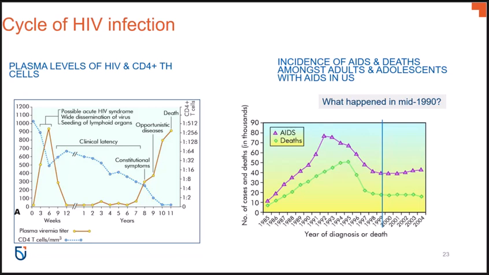The clinical progression of HIV begins within weeks after infection. The person can experience symptoms of what's called acute HIV syndrome.